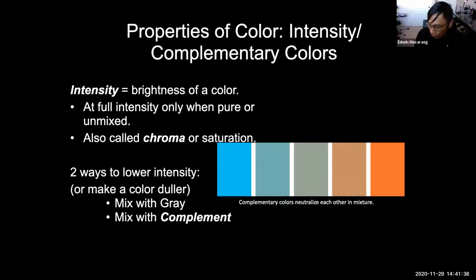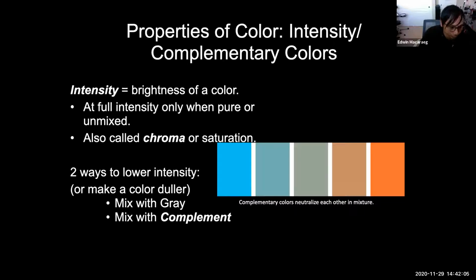You just put yellow by itself. For those of you who have already used gouache, or even acrylic paint or watercolor, you'll notice that a color such as yellow is so bright. Just the yellow by itself is as intense of a color as you can get. But once you start adding to it, then that saturation starts to drop a little bit.